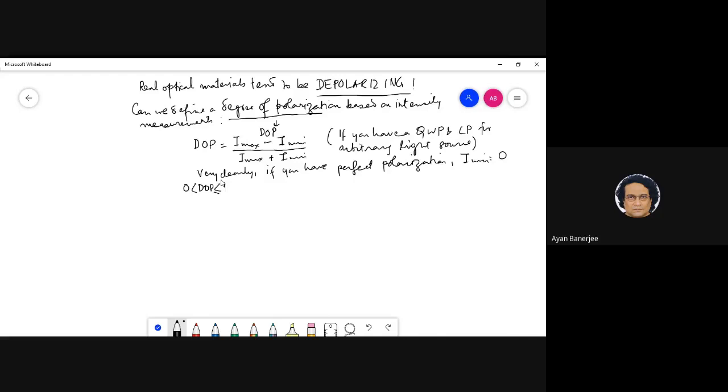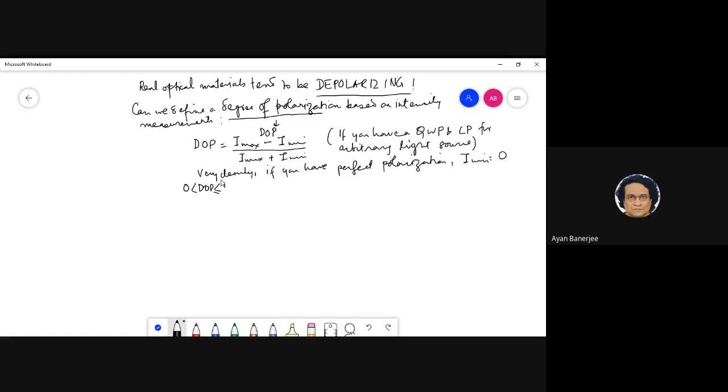So it's very cool, right? You can measure the polarization or the lack of it in any arbitrary light by just measuring intensity. And this, friends, is the root of the Stokes-Mueller algebra that we devise for polarization measurements of light for almost all experiments.